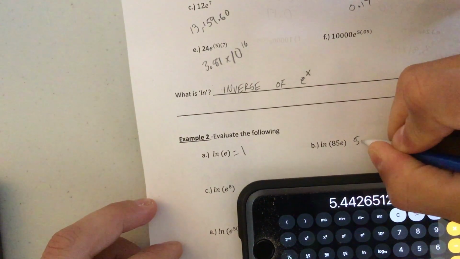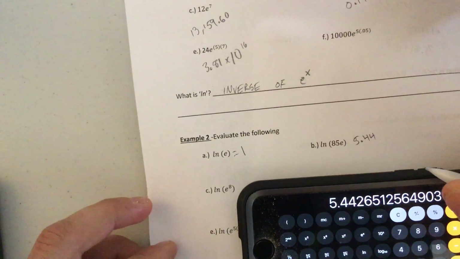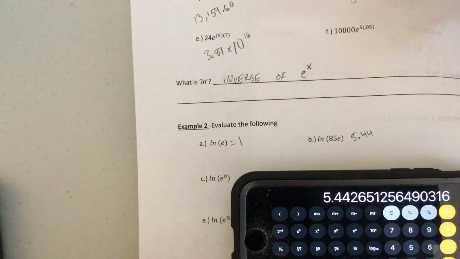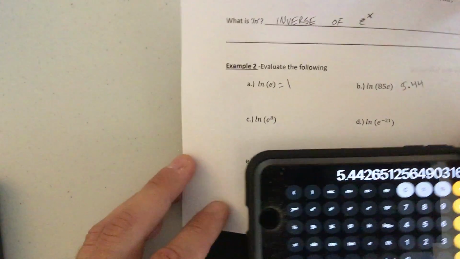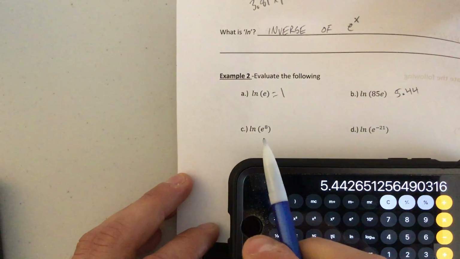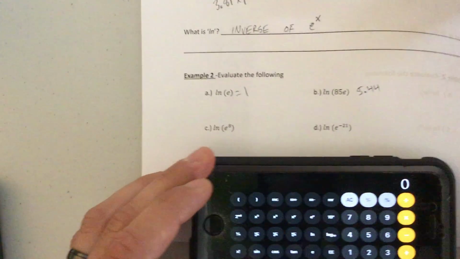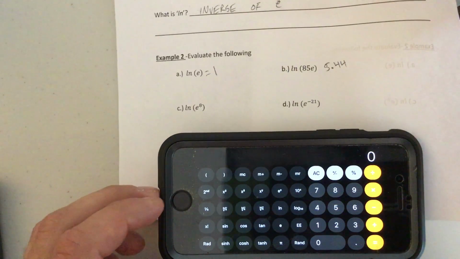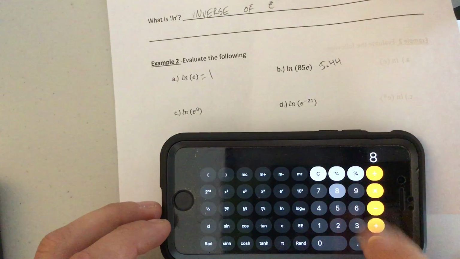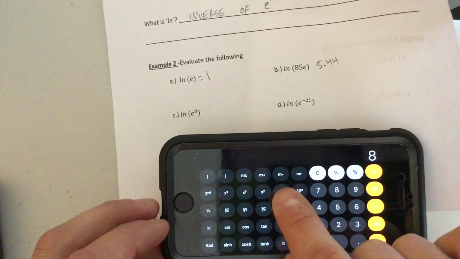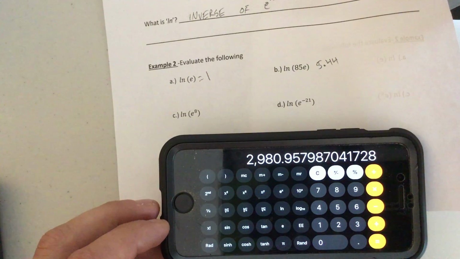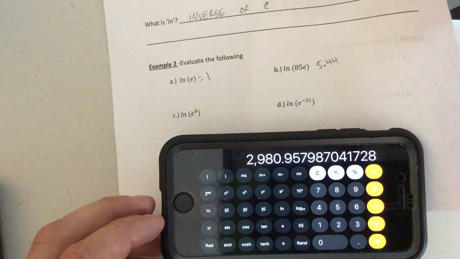A lot of these decimals, you're going to say, Mister, these are not nice decimals. They rarely work out nicely. With that said, letter C will work out nicely. Natural log of e to the 8th. We have to press 8, then e to the x, because it's e to the 8th power. That massive number, 2,980 point blah blah blah.